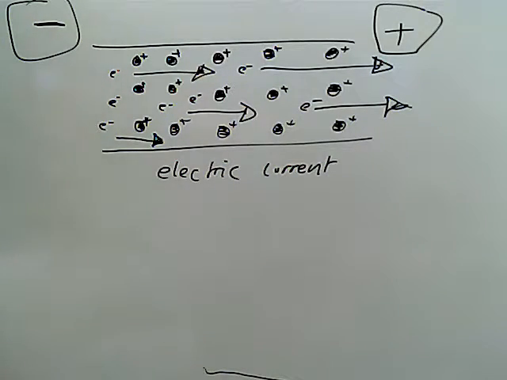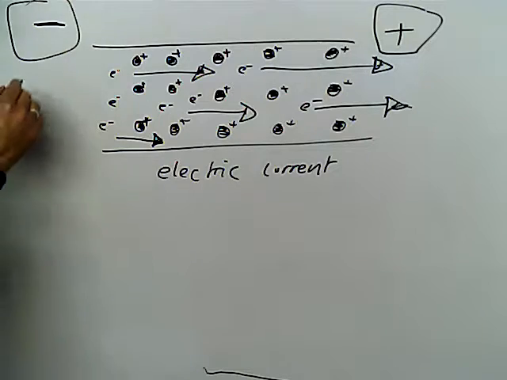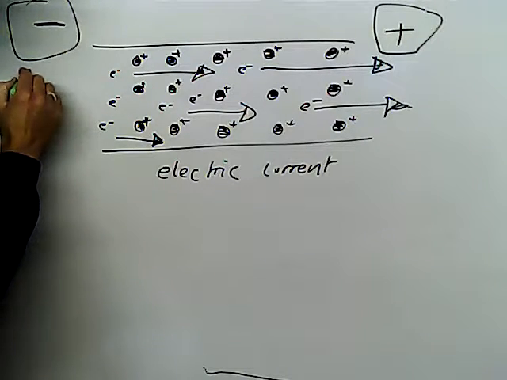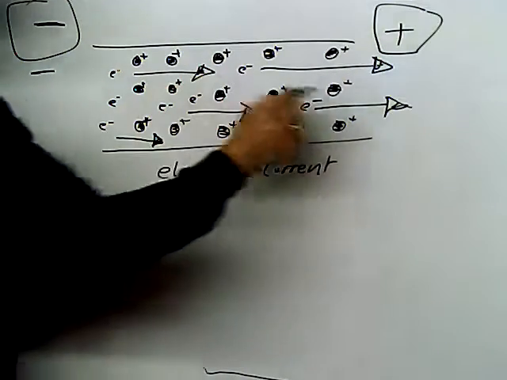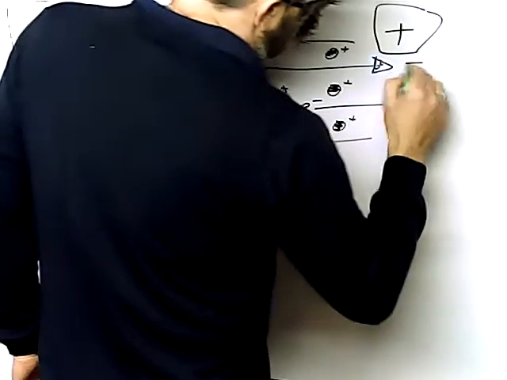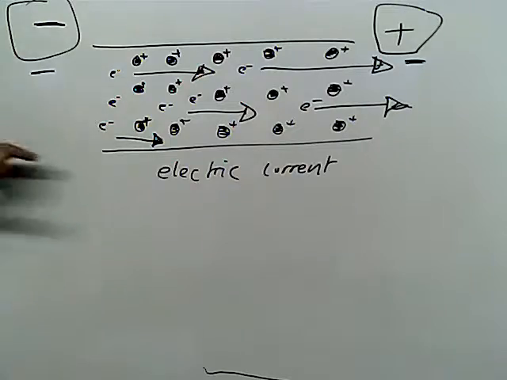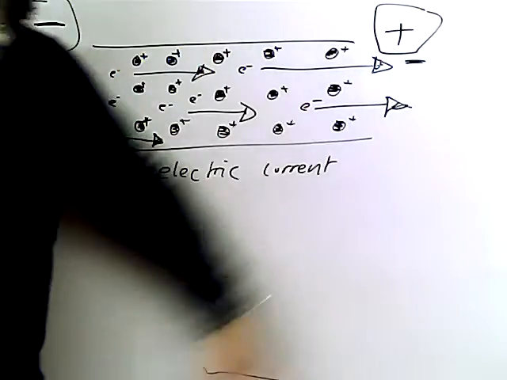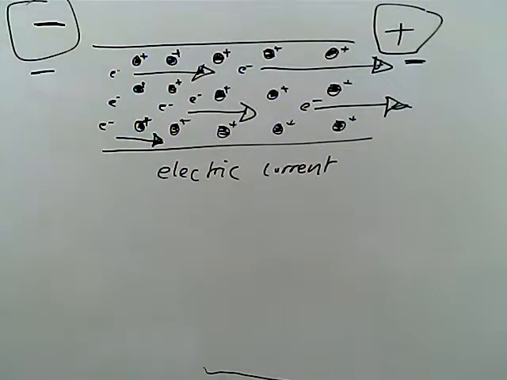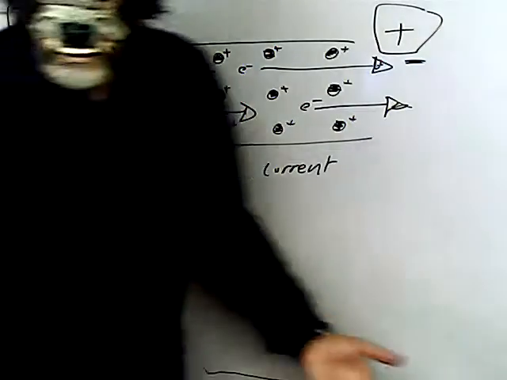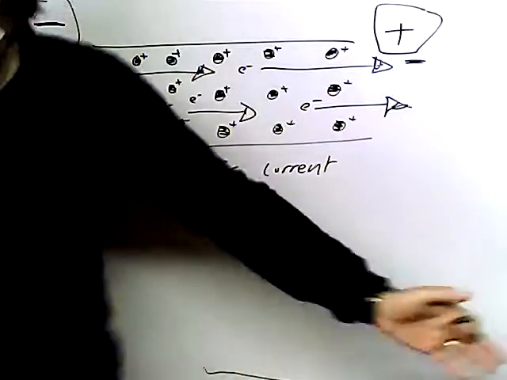They move from the high ground, the top of the stream, towards the positive, so it's less negatively charged. They're going down towards the positive, just like a current in a stream.